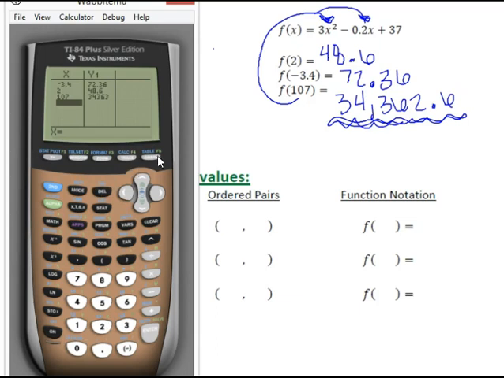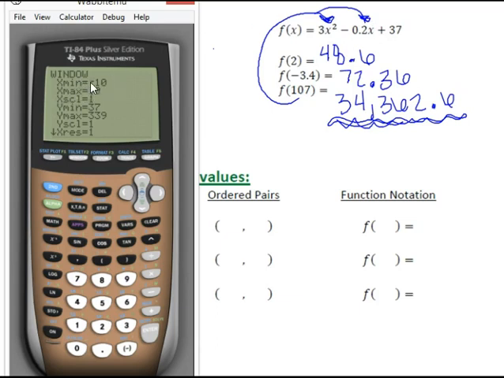Alright, and something else you've got to be careful with. Let's say that you really liked this trace option when you were graphing it. Let's try to trace this 107. So I'm going to program in 107. And this time I get an invalid answer. The reason it's invalid is because, take a look at the graph, it has a very specific window. And if we check out the window, remember this 107 is an x value.